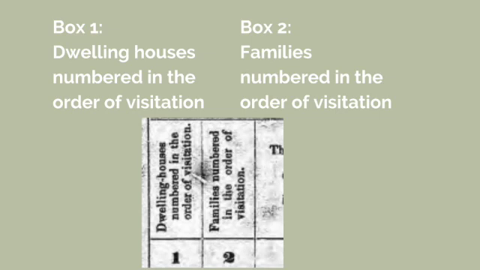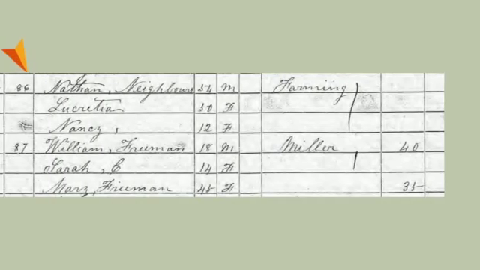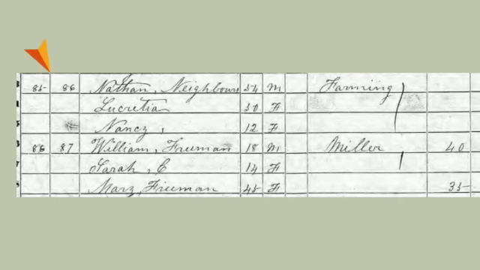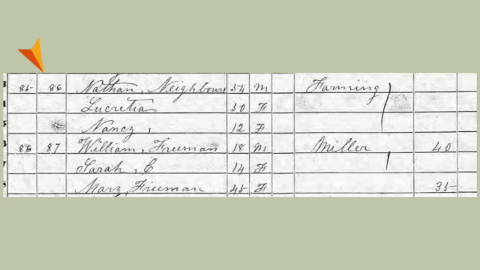And they number the families as they come to the families, because if you stop and think a minute, there could be 2 or more families living in one house. So in a lot of cases, families shared living space, so they will number the families and the houses, which you'll notice for number 85 and 86, Nathan Neighbors. He's dwelling number 85 and family number 86. They've had 85 houses ahead of him, and 86 families ahead of him.